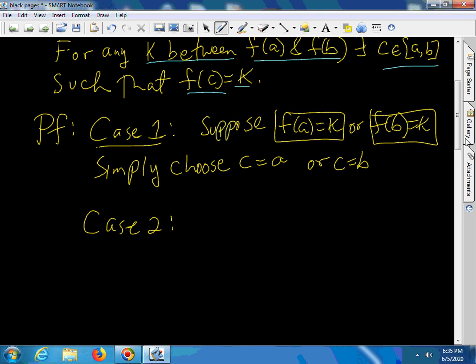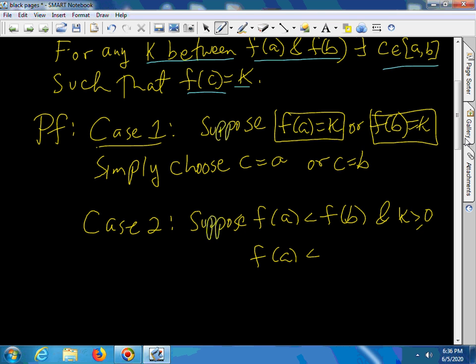The next case is, suppose f of a is less than f of b, and that k is at least 0. Now, the other cases which I'm not going to show is f of a is less than f of b, and k is less than 0.